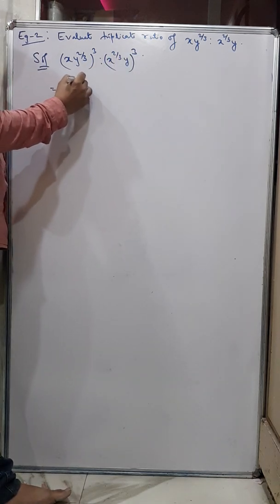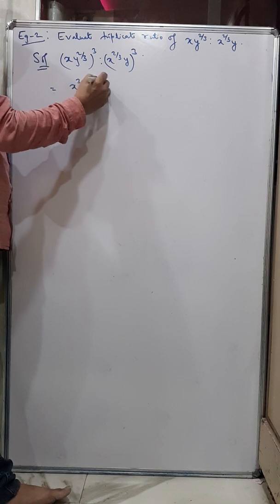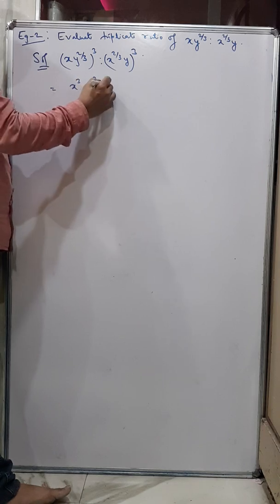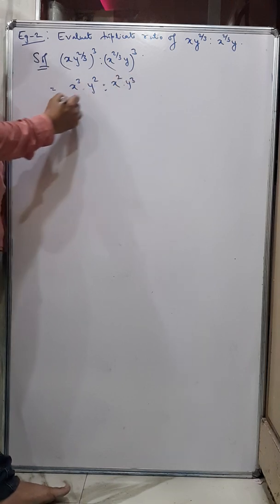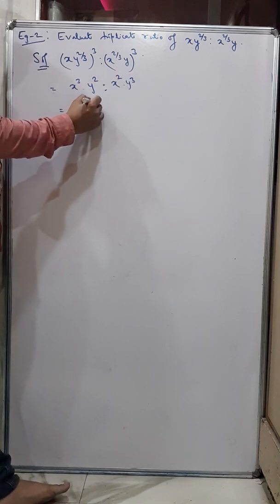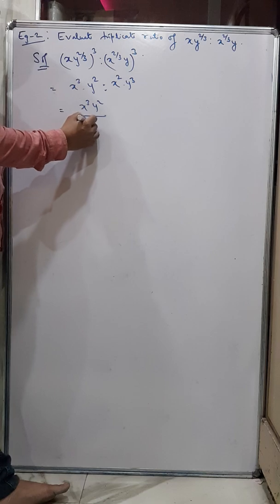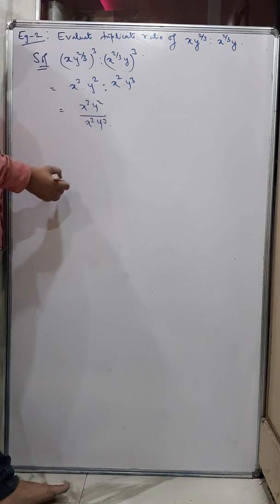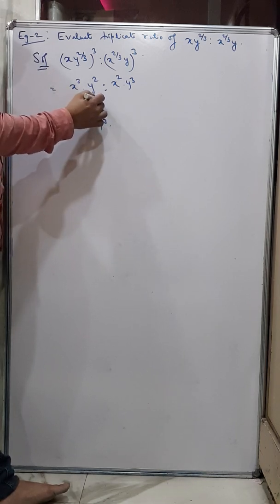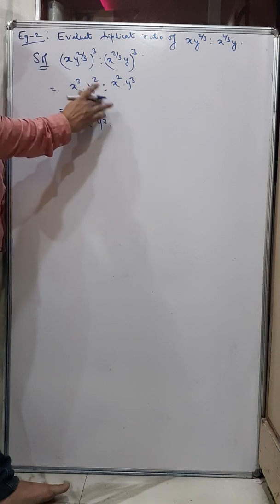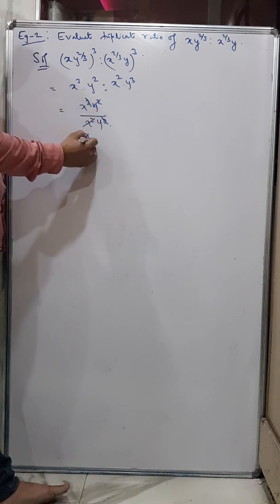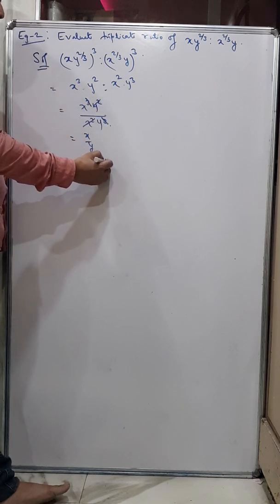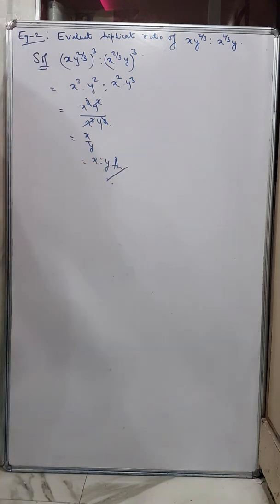So I can say it is x³ and then y² is to x² into y³. So finally I can say it is x³y² by x²y³. So you can understand. So finally my answer is x is to y. Okay.